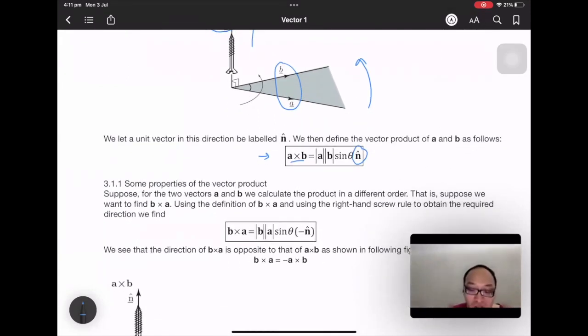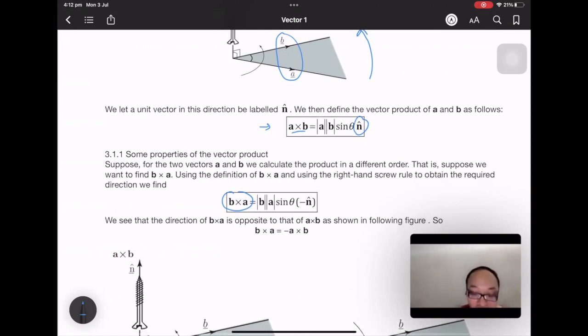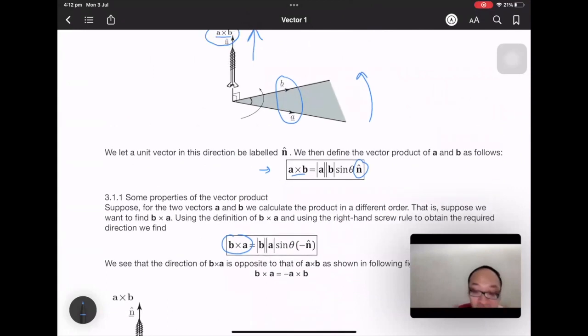If we do it the opposite way, B cross A, so it's from B to A, the direction is downwards. So for B cross A, we have direction downwards.